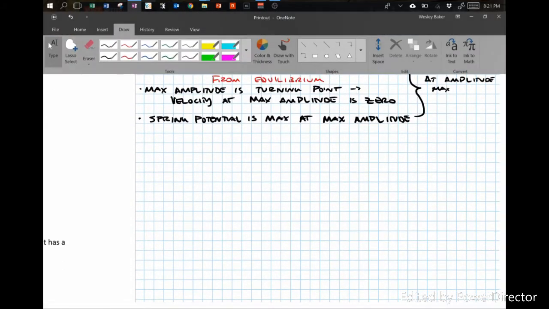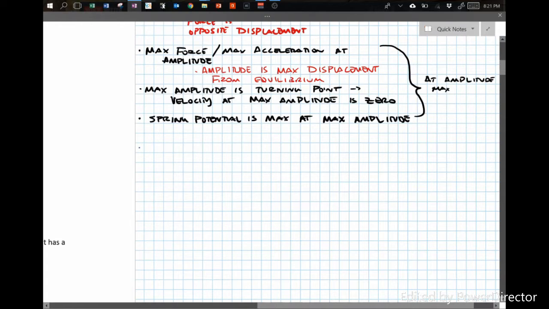The other interesting point in simple harmonic motion is the equilibrium position. At the equilibrium position, the displacement is usually 0. We call it 0. We talk about displacement from the equilibrium position.